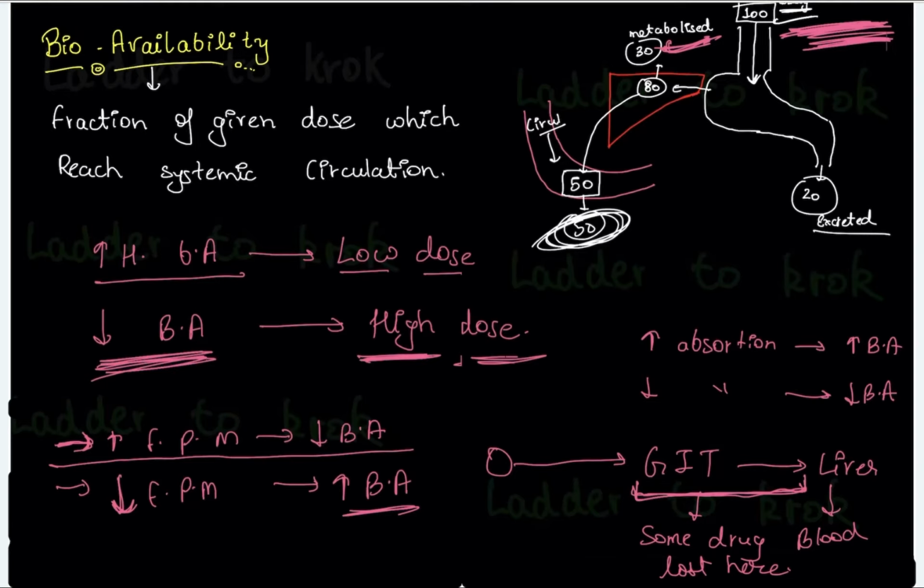We should not take it orally because it has very high first pass metabolism, so we give it sublingually. We put it below our tongue, and there is a lingual vein that will take that drug directly into your systemic blood circulation.